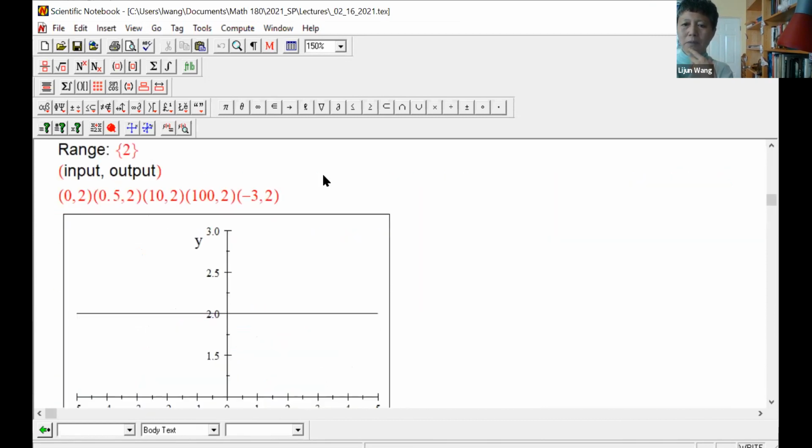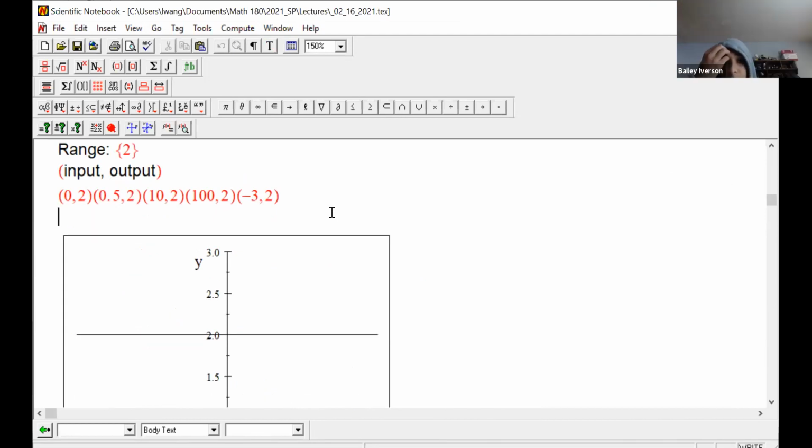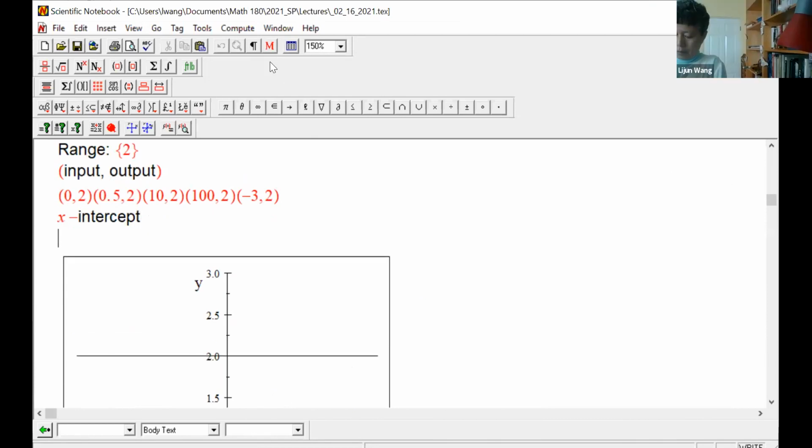First of all, what is the meaning? The X-intercept is where the curve crosses the x-axis.